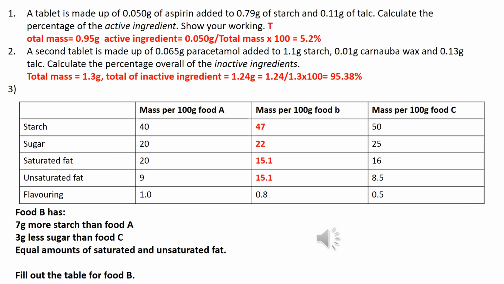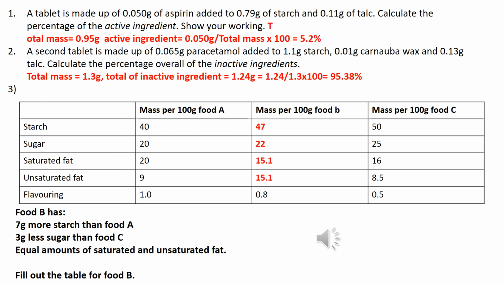And then for the answers for question number 3, you need to fill out the table for food B. Food B has 7 grams more starch than food A. If you look at food A, the starch is 40. So 7 plus 40, you should get 47. For sugar, it has 3 grams less sugar than food C. Food C's sugar level is 25.